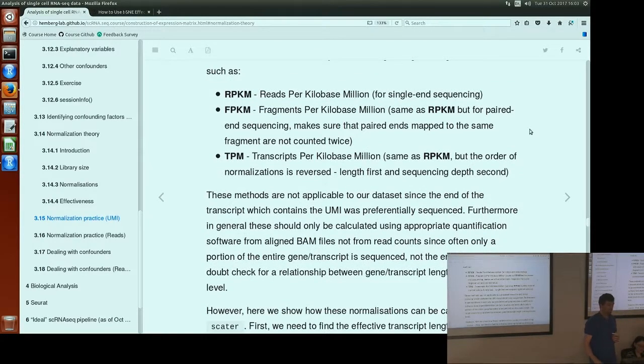And the more common one these days, because it's an output of quantification tools like Kallisto, Salmon, Sailfish, RSEM, and others, is TPM, transcripts per million, which tries to identify the number of transcripts expressed and take the effective transcript length into account in the quantification.